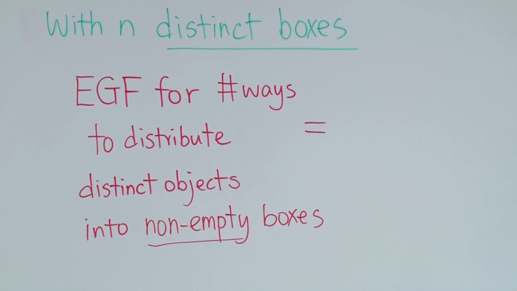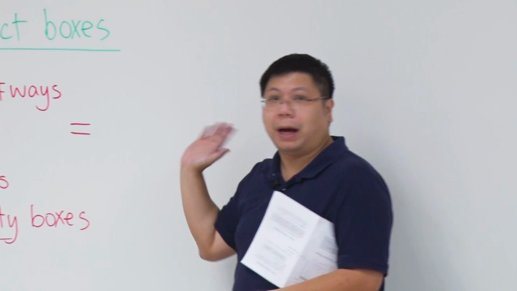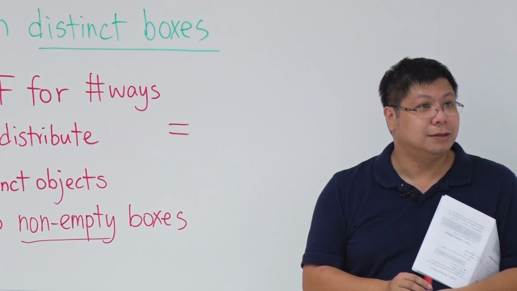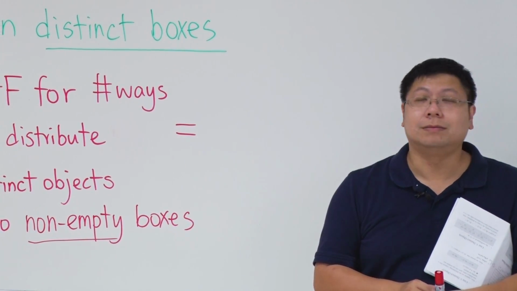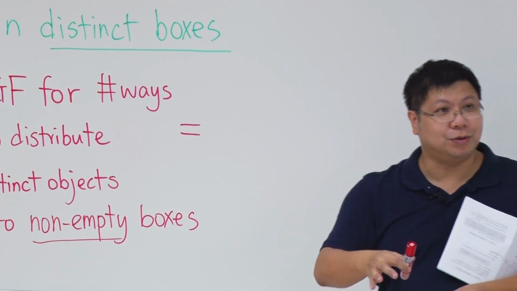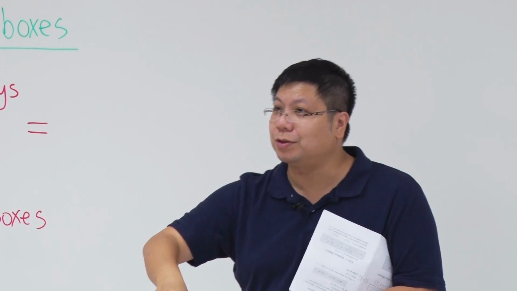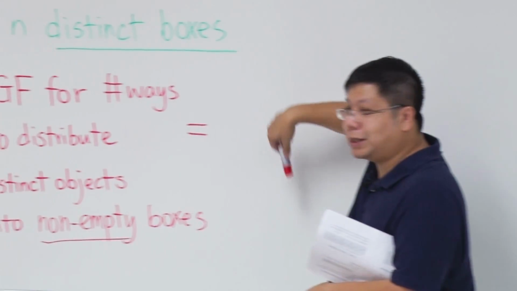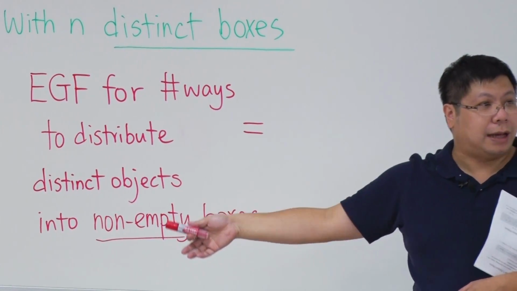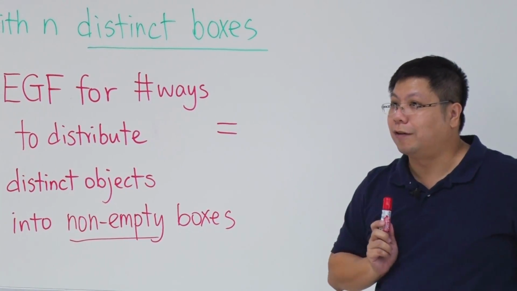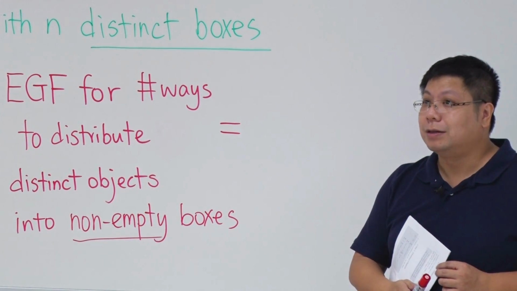And then we want to get an EGF to count the number of ways to distribute objects, so that if I'm distributing r objects, I want the coefficient of x to the power r to equal the number of ways divided by r factorial. So if I get the coefficient of this EGF and multiply by r factorial, I get the number of ways of distributing r objects into the n boxes.